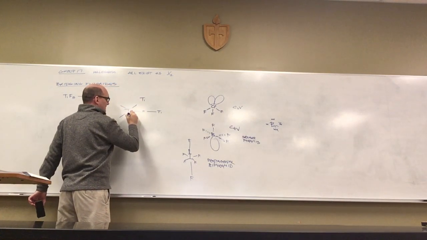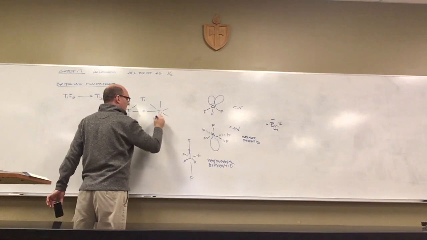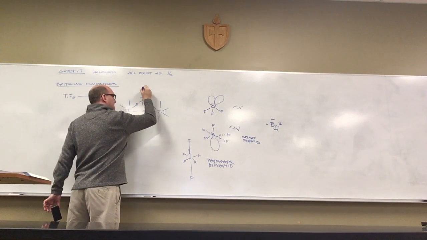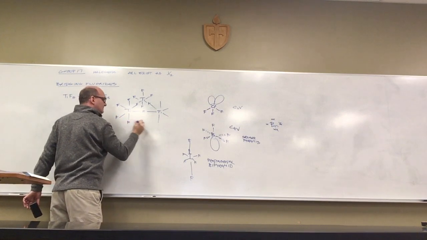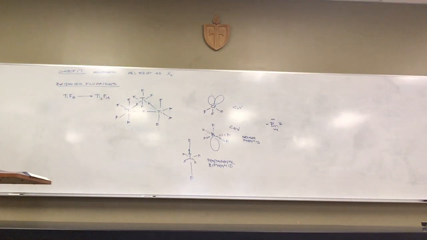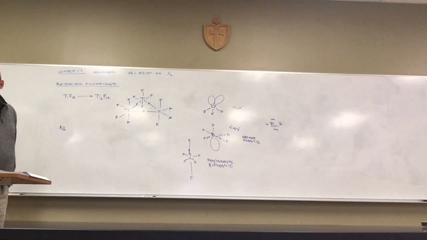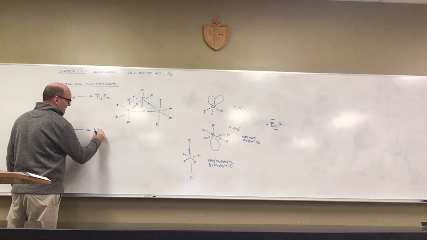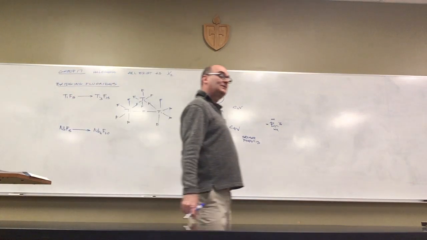There you go. Niobium F5 does exactly the same thing, only it does it in a square. And you make each of your metals be octahedral.